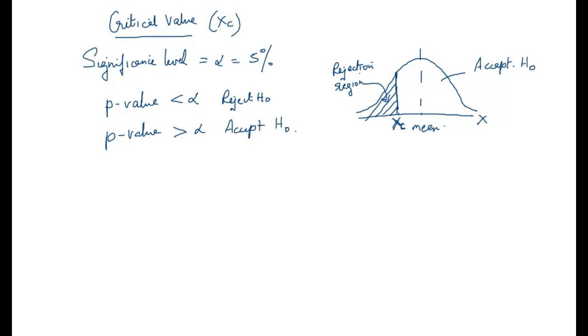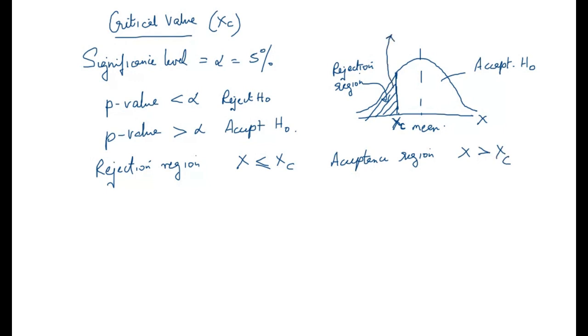So your rejection region is x less than, or less than or equal to, your critical value, and your acceptance region is x greater than the critical value. And we keep in mind that the shaded portion is based on the preset significance level, alpha.